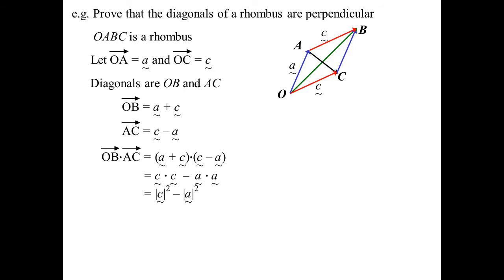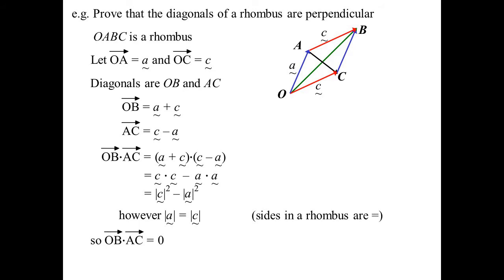But remember, this shape is a rhombus, so the magnitude of the vector A must equal the magnitude of the vector C, because sides in a rhombus are equal. So our dot product equals 0. Thus, those two vectors must be perpendicular. Now you'll notice I'm not calling them a vector, I'm just calling them the intervals OB and AC, representing the diagonals in a rhombus. So there's a neat little proof.